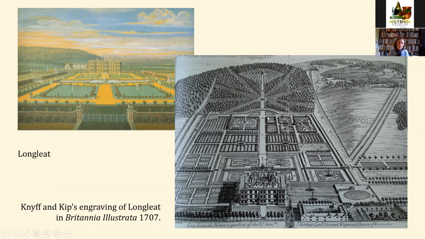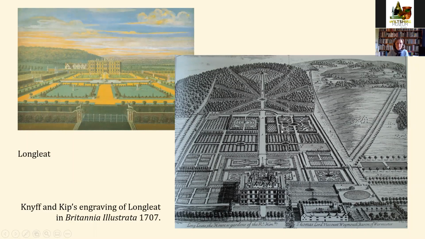This kind of view, which is as if you were up in a hot air balloon, is called a topographical view or a bird's eye view. And it does give a very good idea of the layout of gardens and landscapes at the time. So you can see the plan of the landscape quite clearly, and you get some idea of what the topography is like.